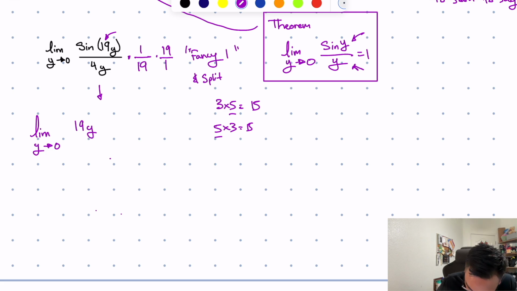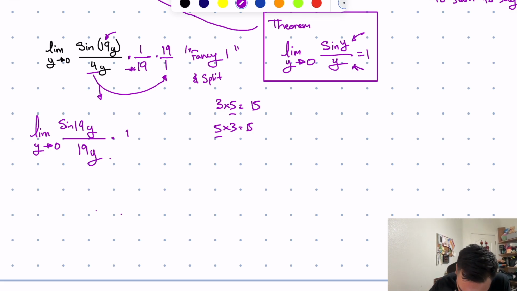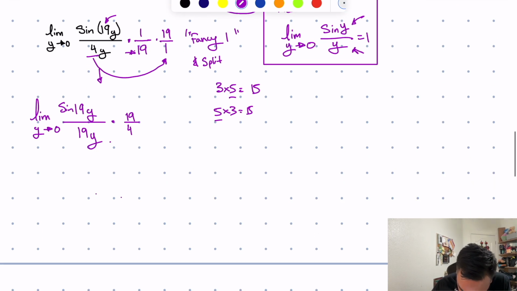So the sine of 19y over 19, because 19 is right over here. So it's 1 times 1 over 19. It's going to be 19y. We're going to split this 4 into here, which is going to be just 19 over 4.